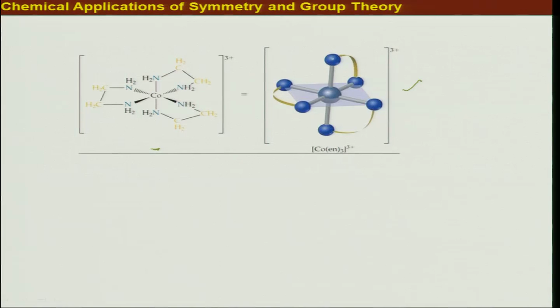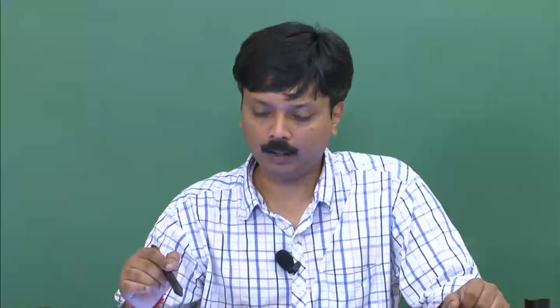The blue balls represent the amine, and the ribbons are the 2 CH2 groups. If you draw it so that one of these amine groups occupies the equatorial plane, then another amine will protrude above the plane, and another will be below the plane. So the axial points will be occupied by amine groups of the 2 other ethylene diamines.